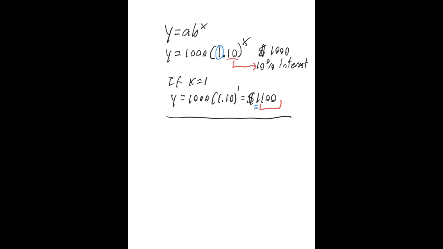Generally, whatever the b is, b can always be thought of as 1 plus r, where r is a percent but in decimal form. So you can think of 100r percent as the percentage growth rate.